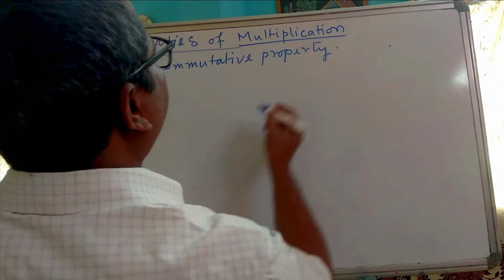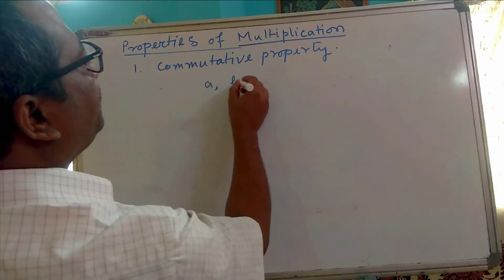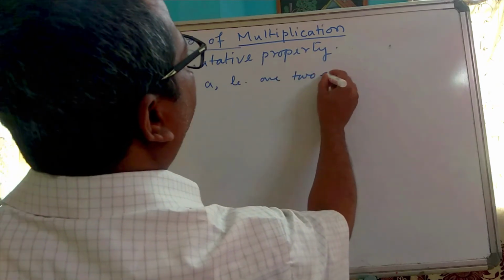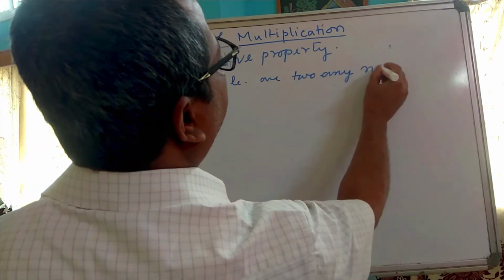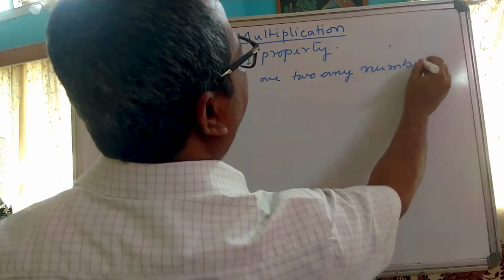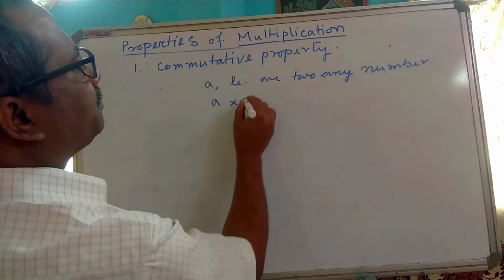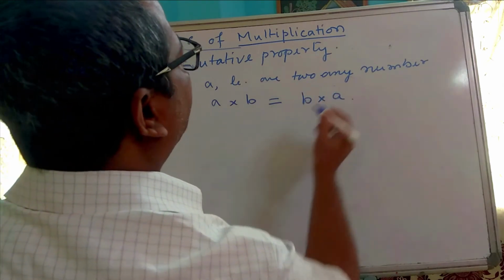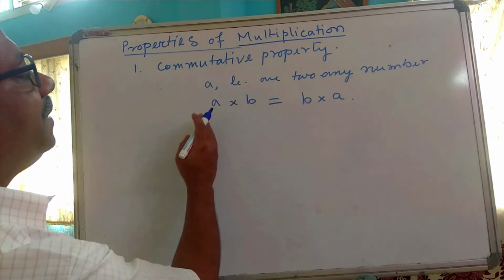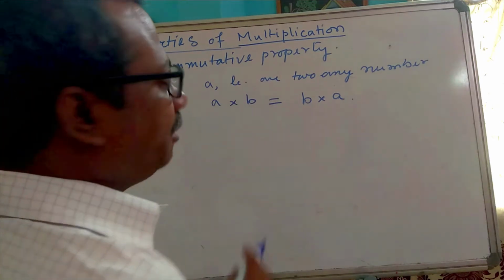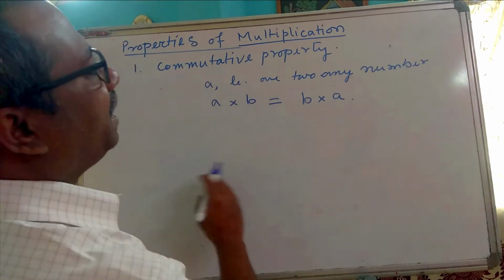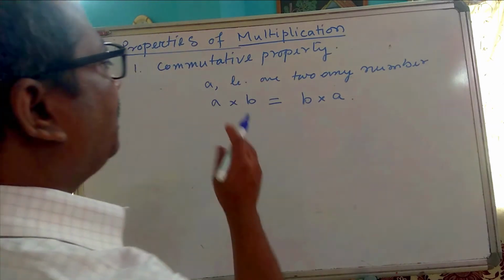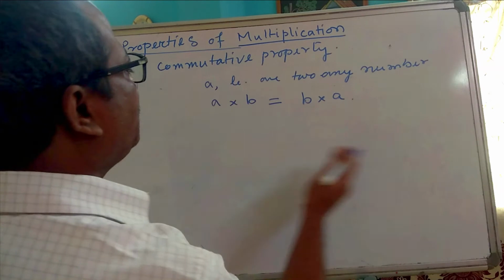That means if A and B are any two numbers, then A into B is equal to B into A. That means if we change the place of the multiplicand or multiplier, then the product remains the same. The product does not change.